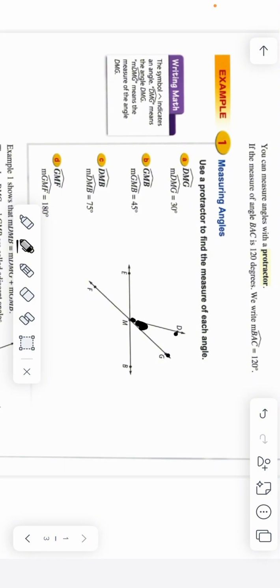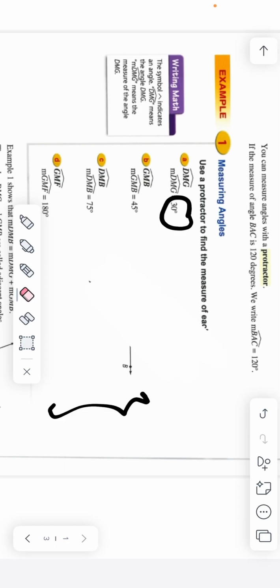How can I find that angle? Like I said, we put the protractor hole on that vertex, which is M, and the other side of the protractor on line MG, and then we will figure out the other one, which makes it 30 degrees. We repeat the same thing. For example, section B, GMB.